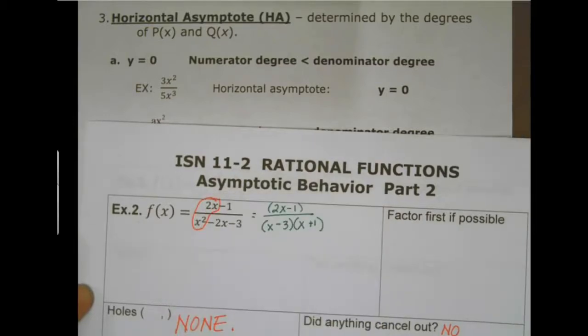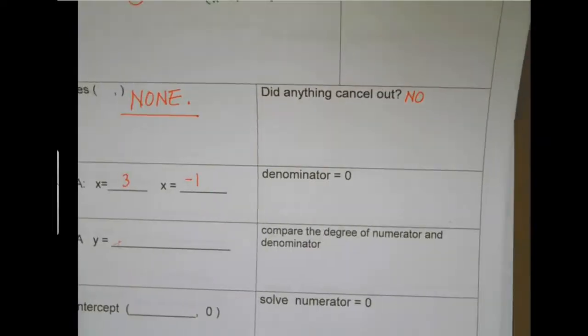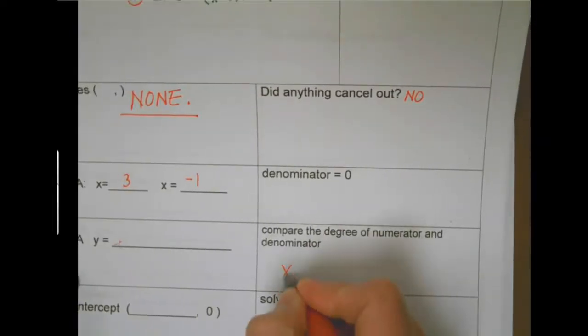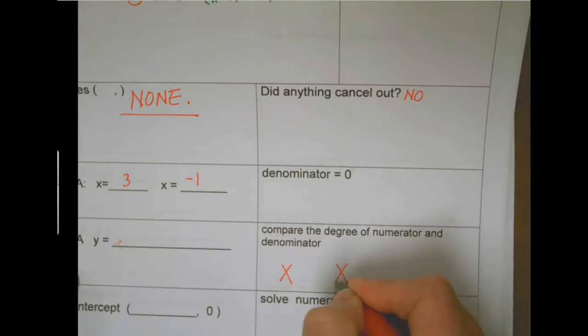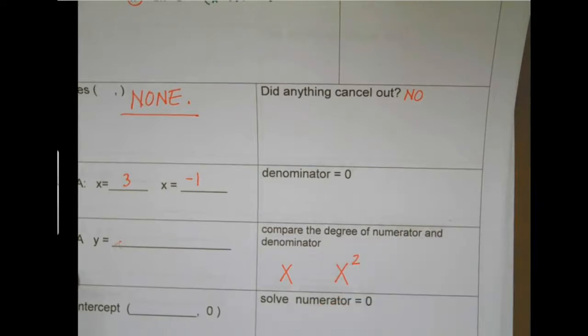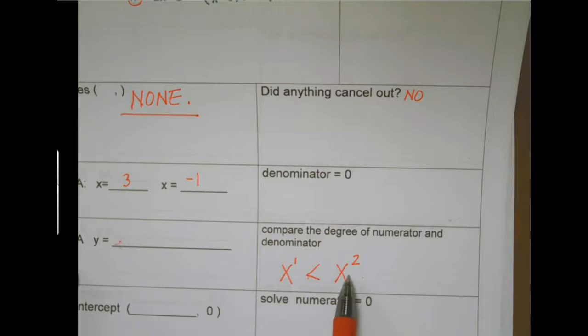Actually, not even the 2, just the x's. In the numerator, I have x without any power. In the denominator, I have x squared. So this one is less than x squared. X to the first power would be less than x to the second power.